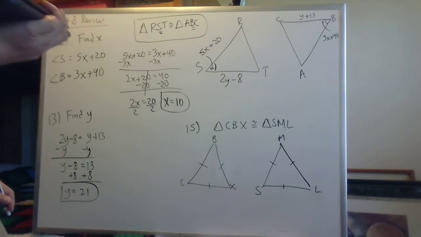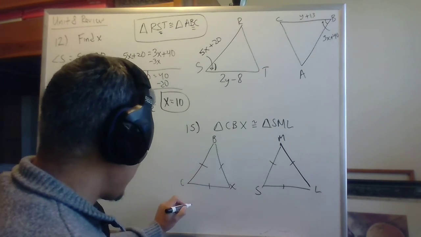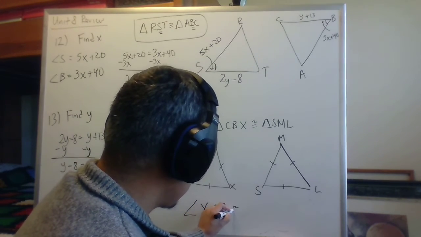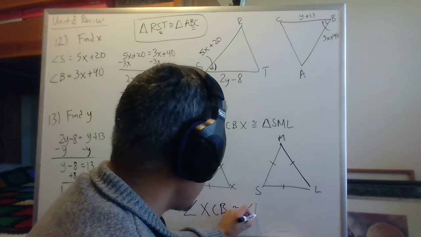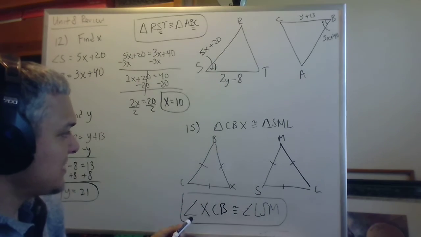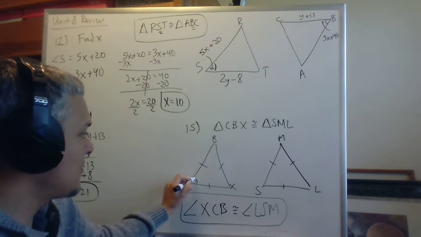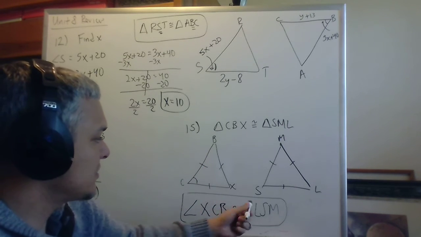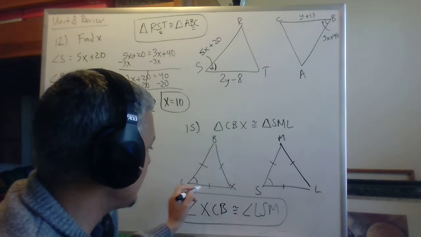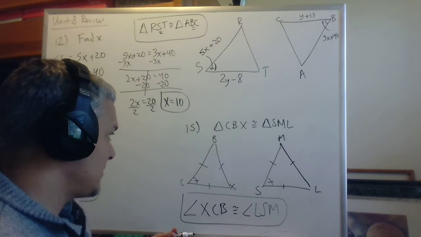All right, and the last choice is basically saying that angle XCB is congruent to angle LSM. If we look, it does make sense, because this angle XCB is congruent to LSM, and these two angles correspond to one another.